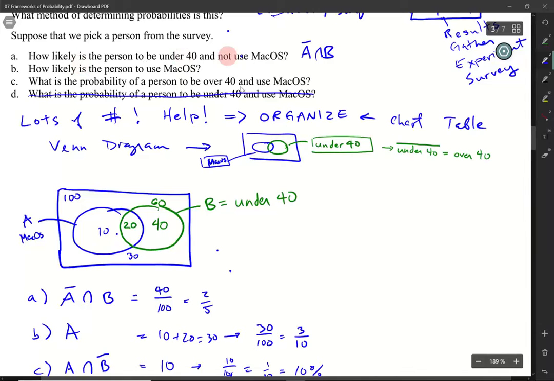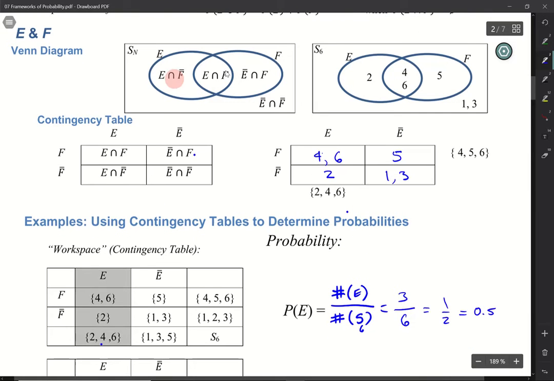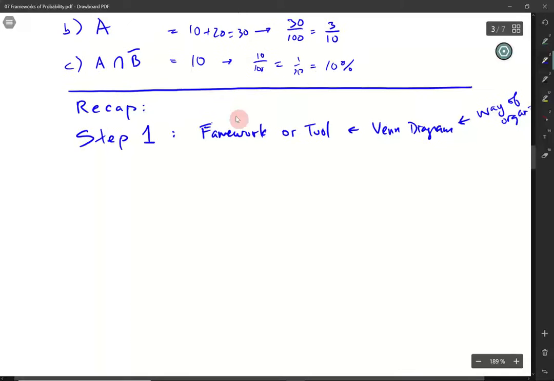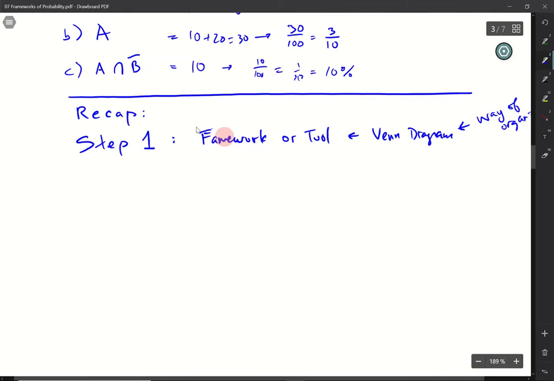By itself, and the Venn diagram has a lot of these little and category things. Yeah. So what framework? Framework, right? What method are you going to use? So then what? So you start to use it.